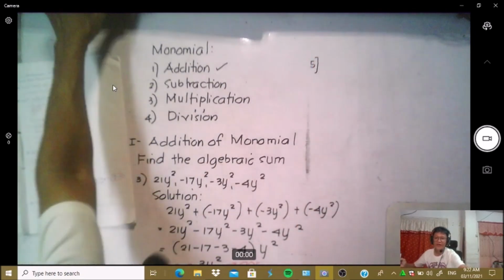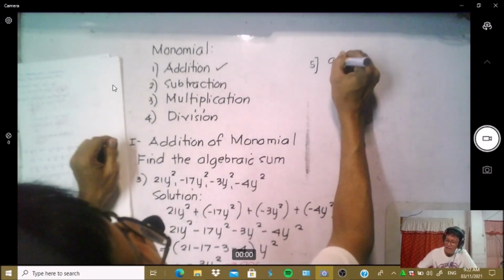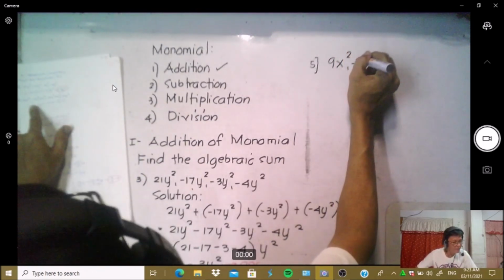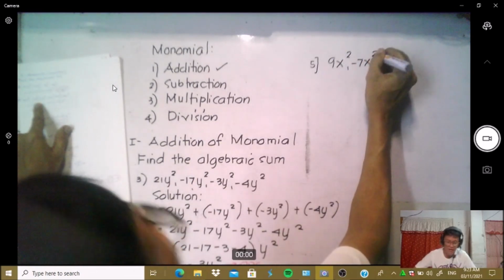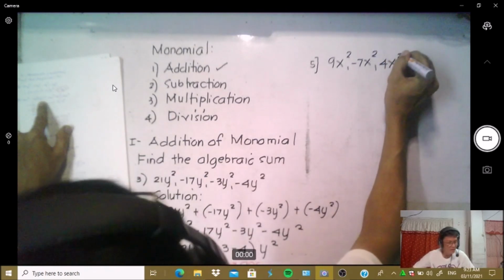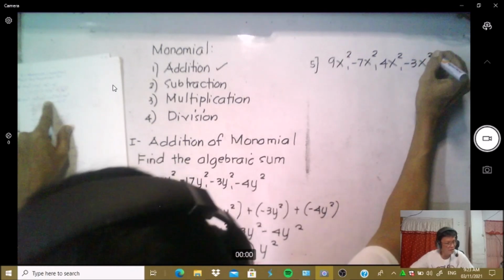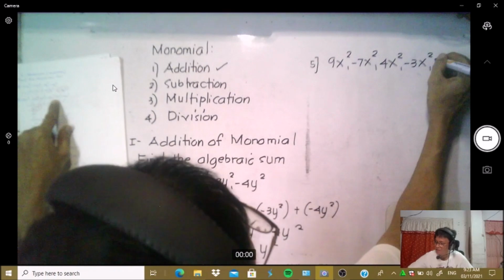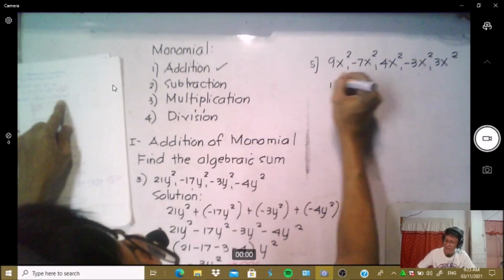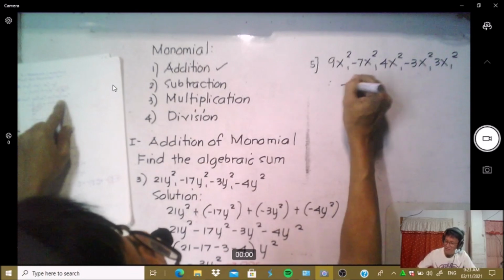So for question number 5, we have 9x squared, negative 7x squared, 4x squared, negative 3x squared, okay, then 3x squared, then we have negative 4x squared.